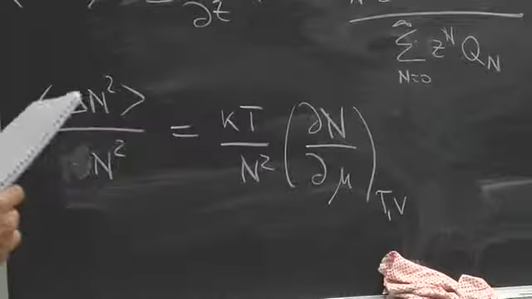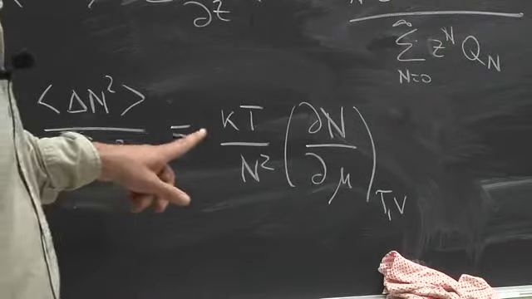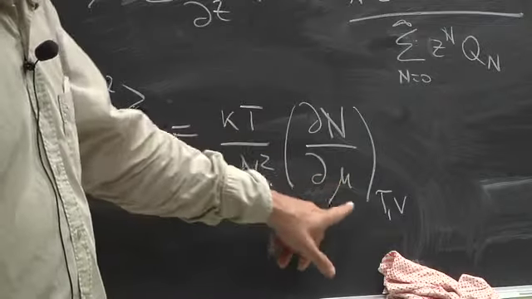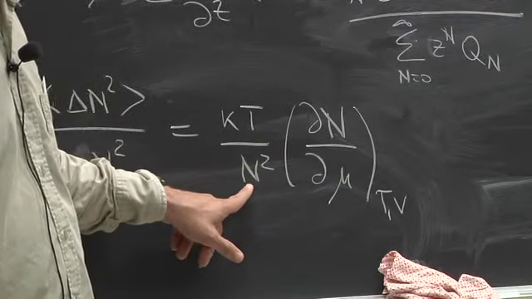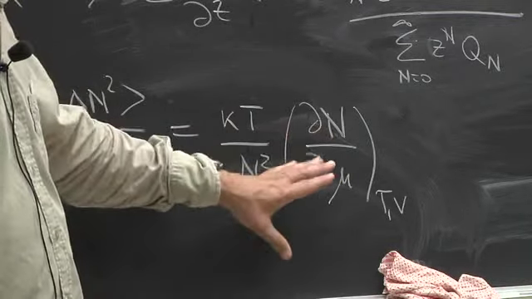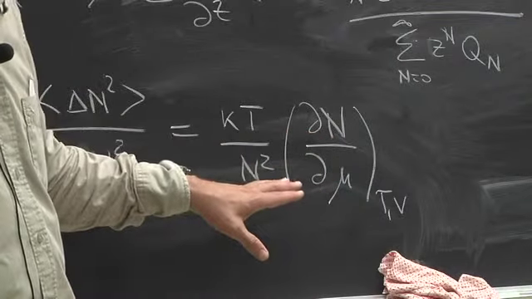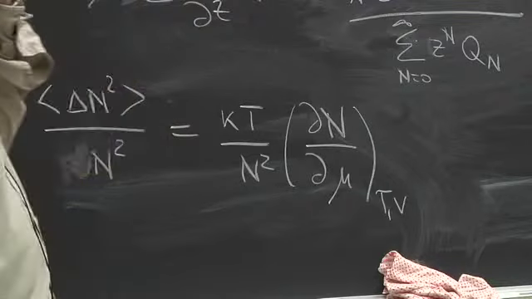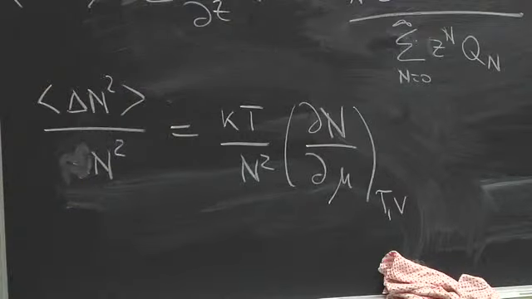So the relative fluctuation can be written as, now you see, the first thing you find is that T and mu are intensive quantities, n is an extensive quantity. So this relative fluctuation will be small, will be of order 1 over n. Okay, so the relative fluctuation will be small.